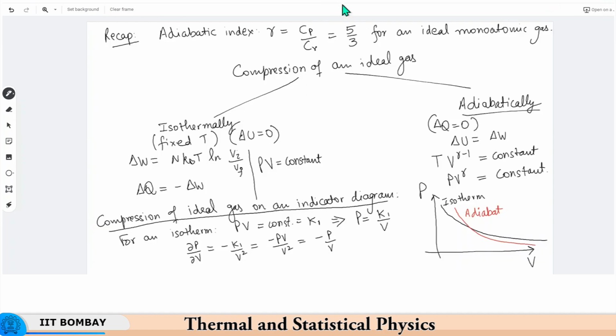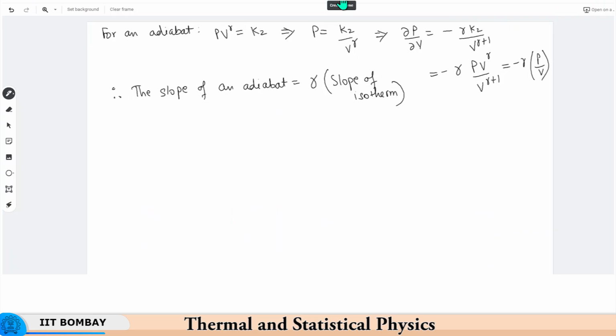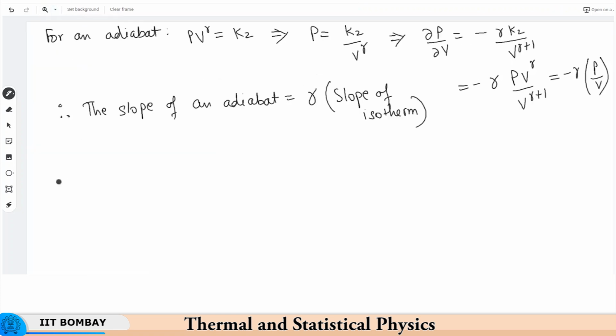Okay. So, having said that, let us now move on to what is known as the second law of thermodynamics, and let me tell you the reasons why.